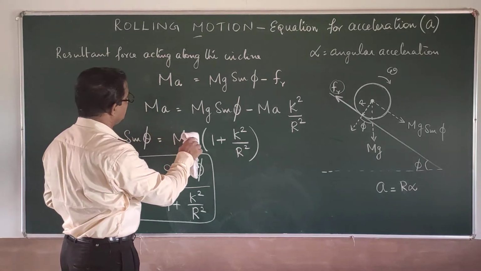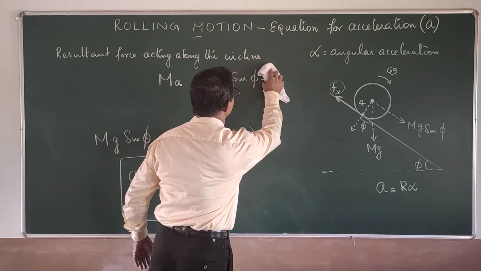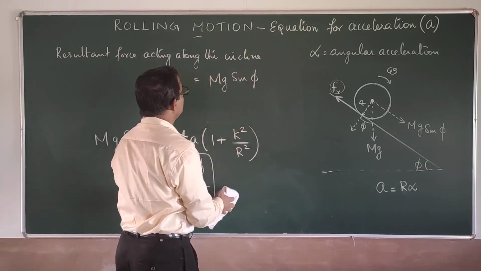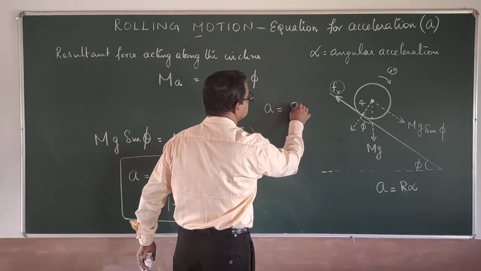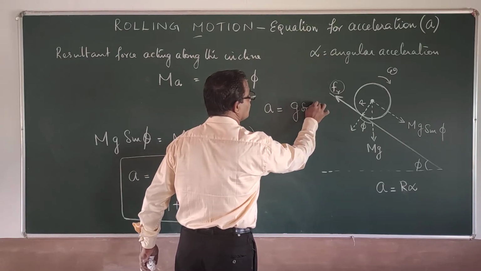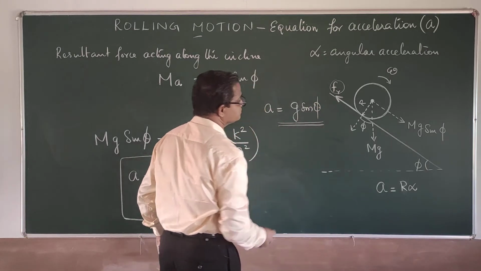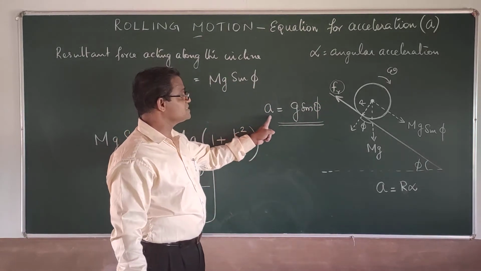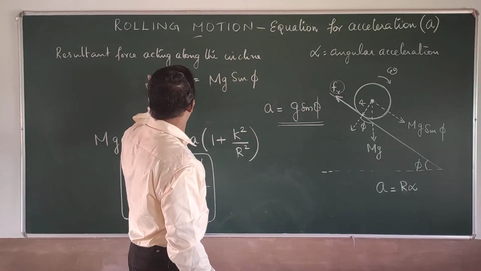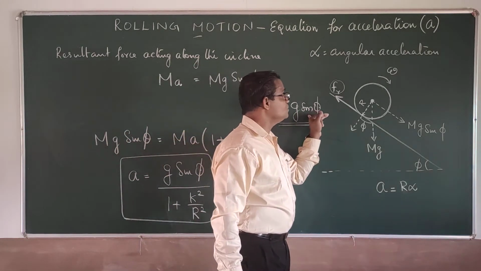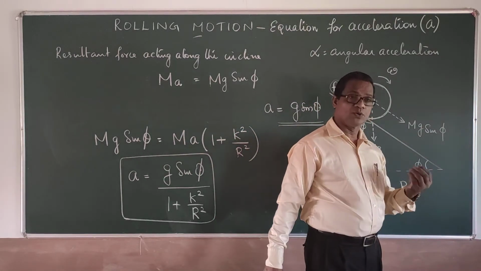In the case of sliding, this part will be 0, and therefore acceleration a will be equal to g sin phi. In that case, the friction is 0.